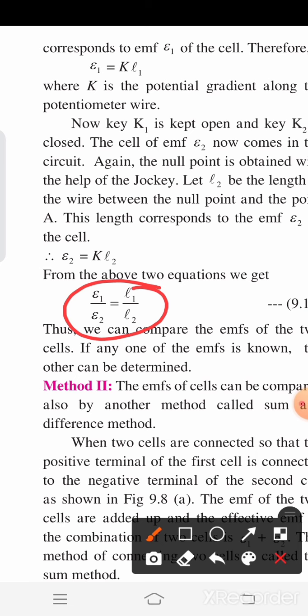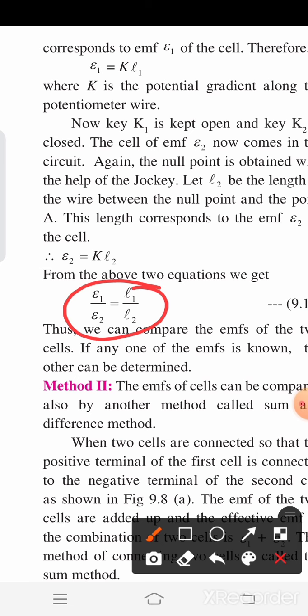Using this equation, E1 upon E2 is equal to L1 upon L2, if we know E1, then we can easily calculate E2. If we know the EMF of E2, then we can easily find the EMF of E1 using equation 9.1.